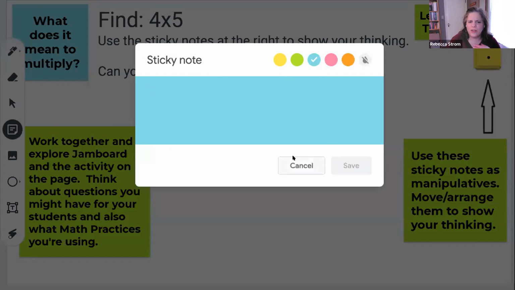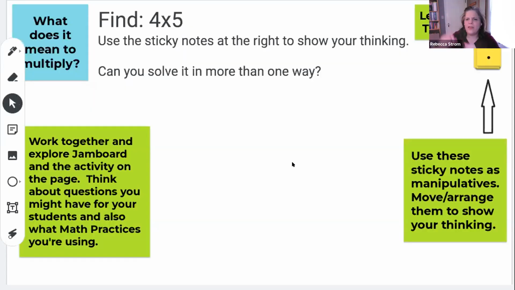You can change the color. I pre-created a stack in the corner and I asked them to use those to demonstrate what 4 times 5 means. This is something I have done in my class. I liked those plastic square tiles. I use them for a lot of different things in math. So I was trying to recreate that feeling of the square tile. Giving those, you can drag the sticky note over and create this idea of doing it.